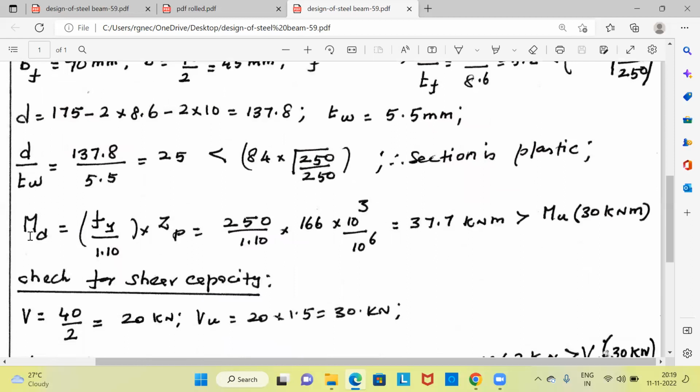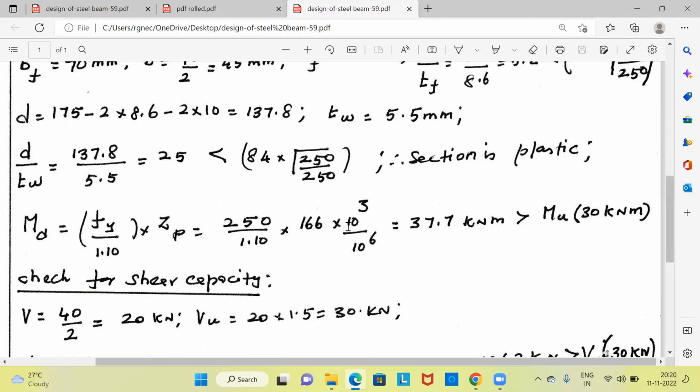Formula for MD, the moment capacity, Fy into Zp. Of course, the material factor of safety should be taken 1.1. Fy divided by material factor of safety 1.1 into Zp: 250 divided by 1.1. This is in Newton per millimeter square. Zp is equal to 166 centimeter cube.